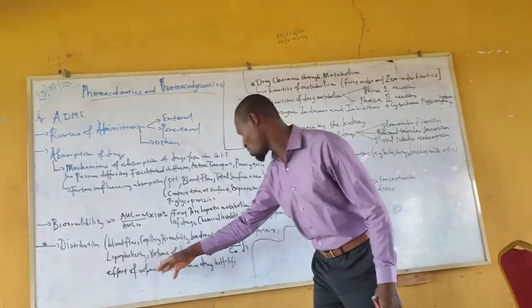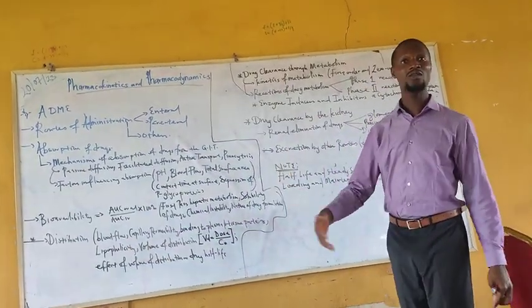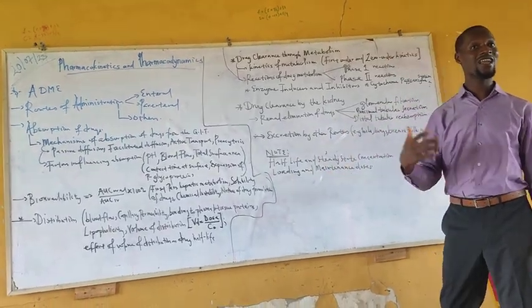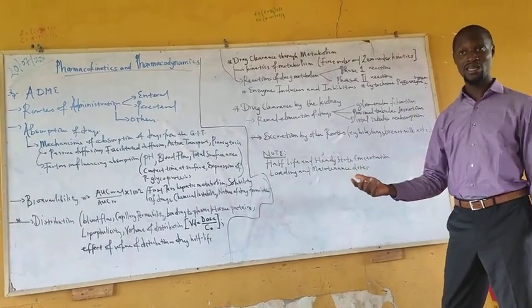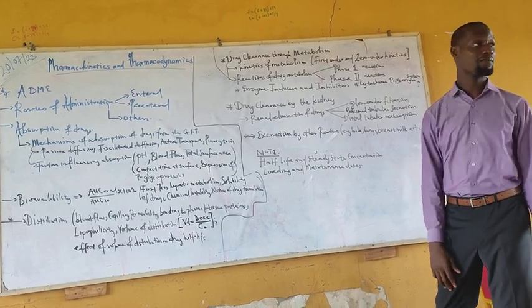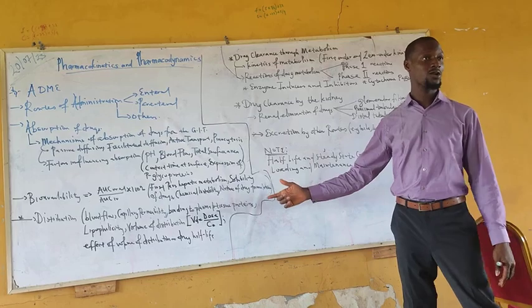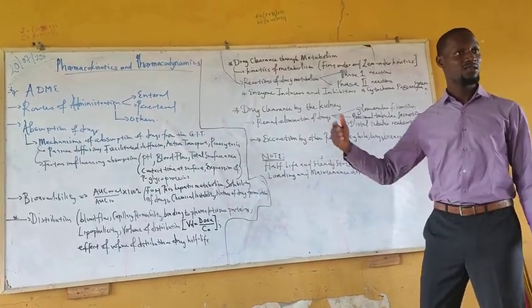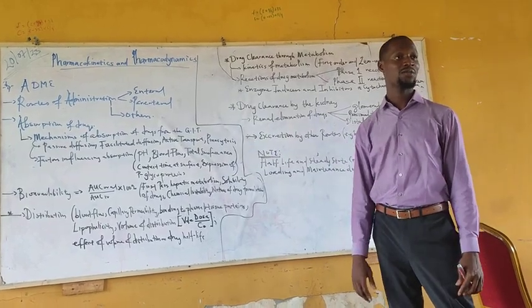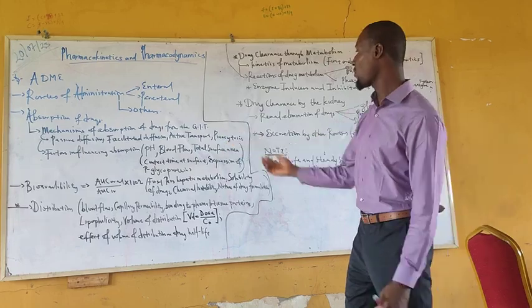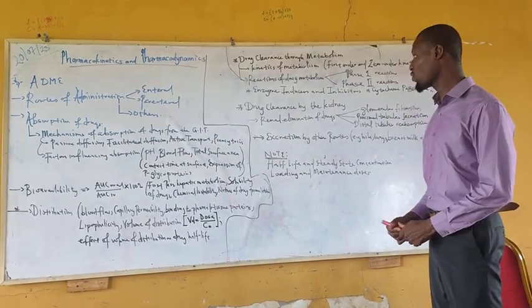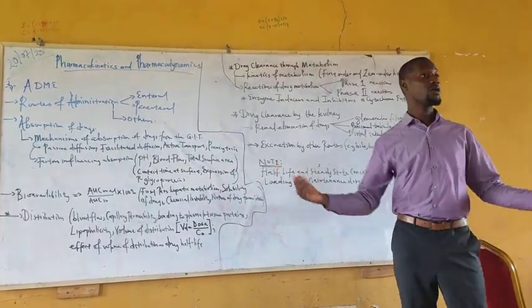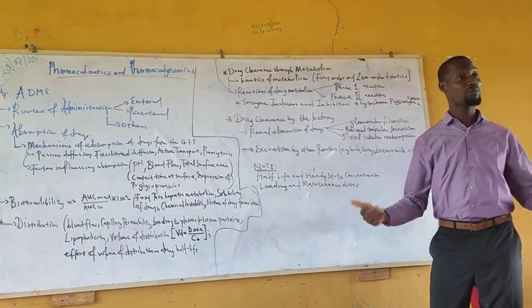So we look at also lipophilicity. That is what is the affinity of that drug for the lipid part of the body. If it is highly lipid soluble, it means that that drug will likely cross by passive diffusion, and it may be able to move into other body compartments.